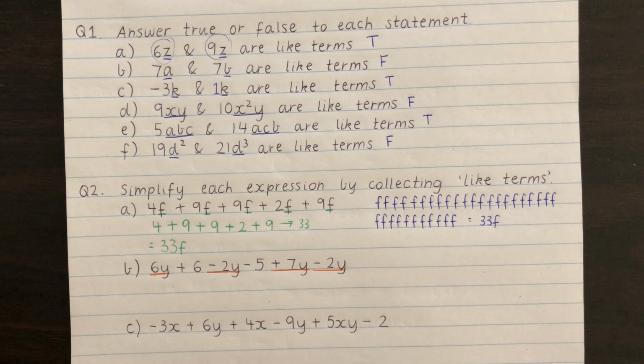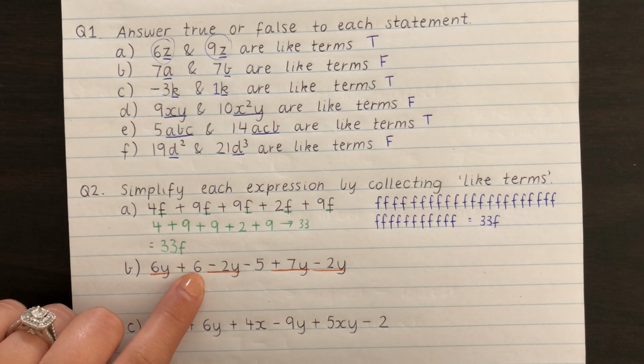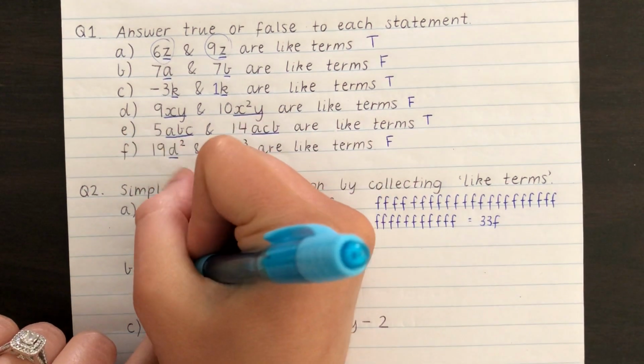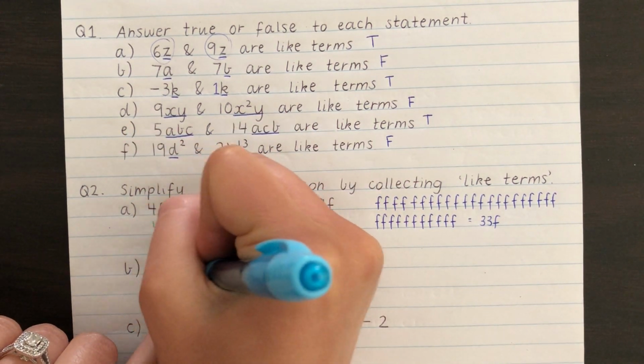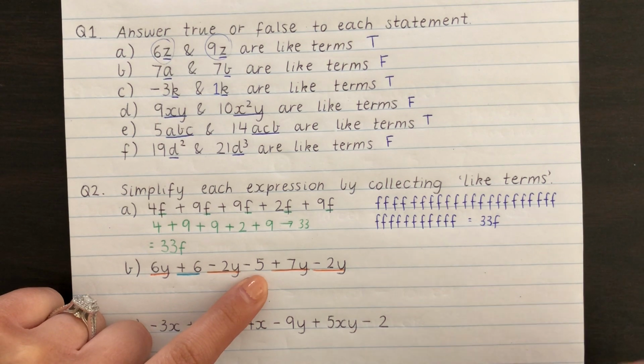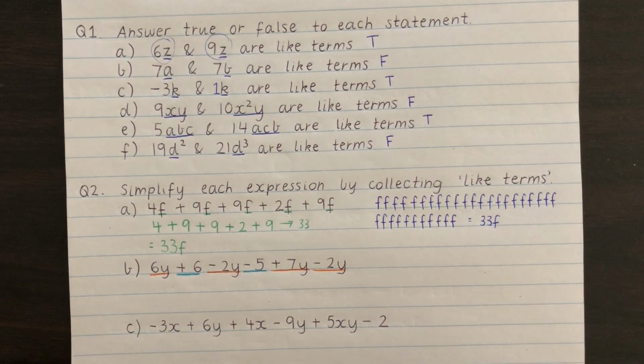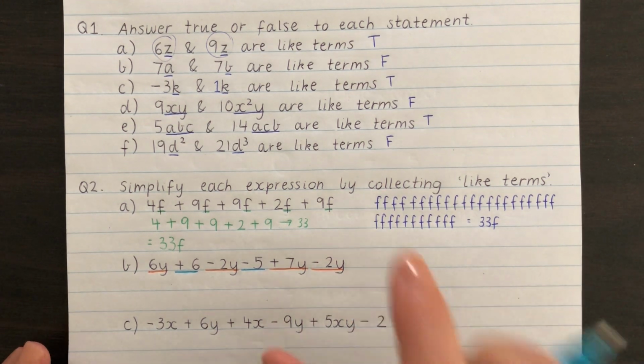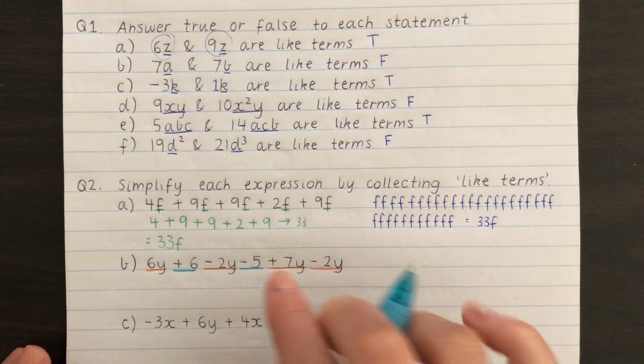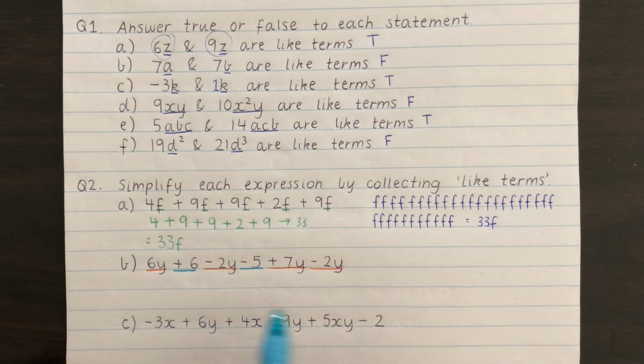Now, let's go in with a different coloured pen and underline all the normal numbers, so the constants. Well, this is just a number by itself, so it's in blue. And this is also a number by itself, so that can go in blue too. Okay, so I'm only allowed to simplify the oranges with each other and the blues with each other.